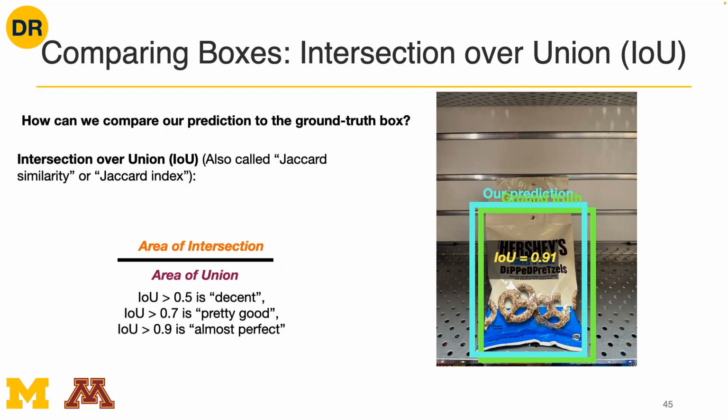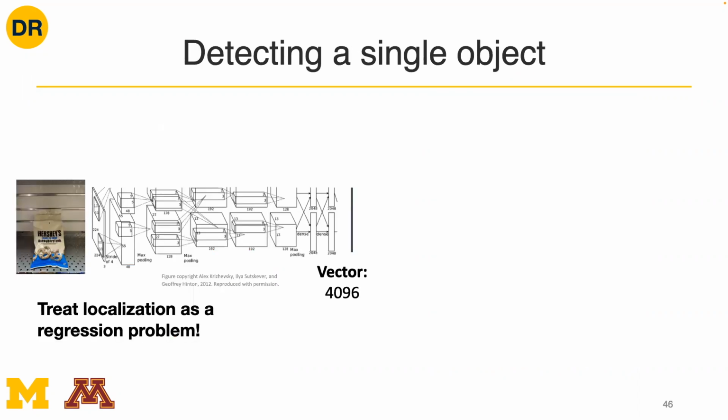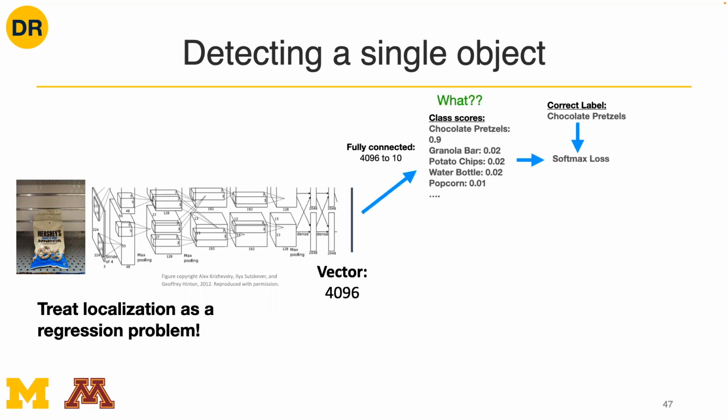So let's say we want to do detection for one single object, meaning your image always has one single object and you're trying to detect it. One simple extension that we could do from image classification architectures is to take out the fully connected layer at the end and then train a new classifier by using the features from your pre-trained ImageNet-based neural network.